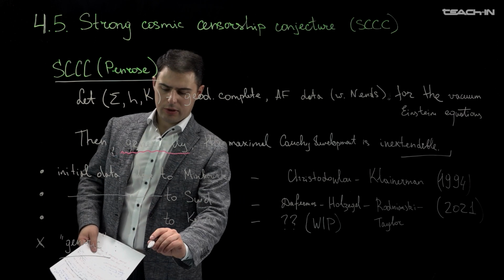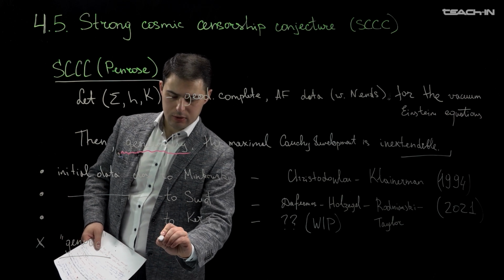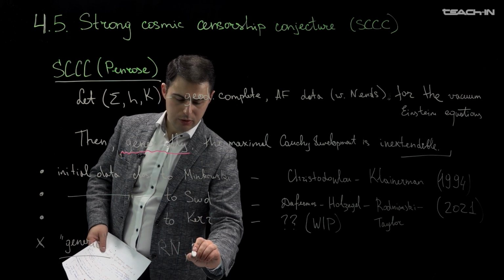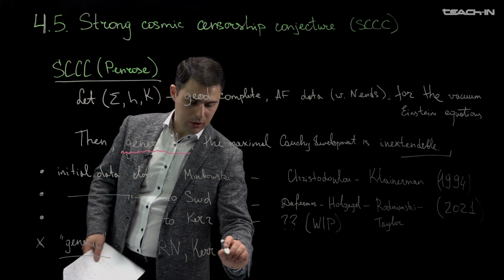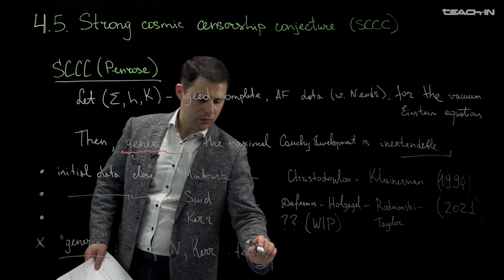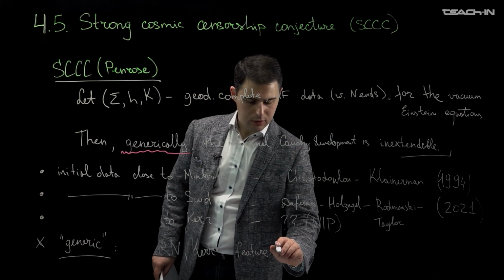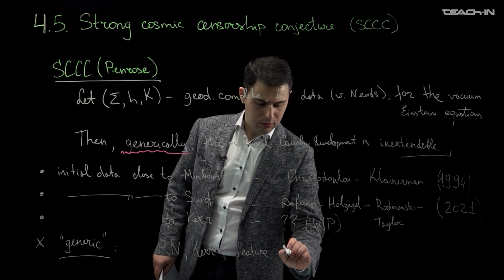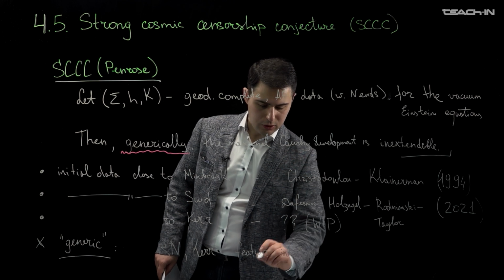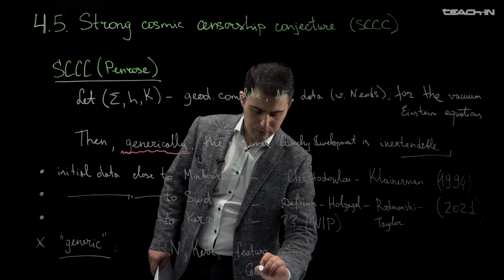So, to summarize, generic Reissner-Nordstrom and Kerr feature a Cauchy horizon in the interior.